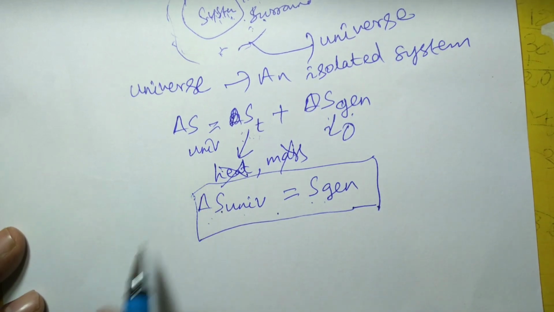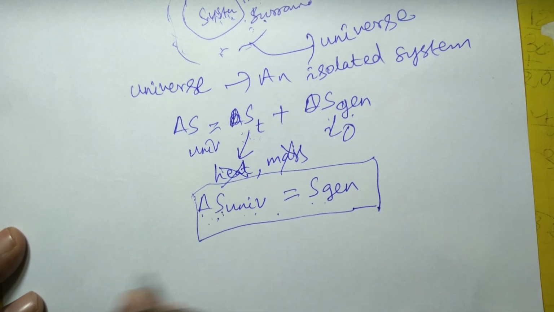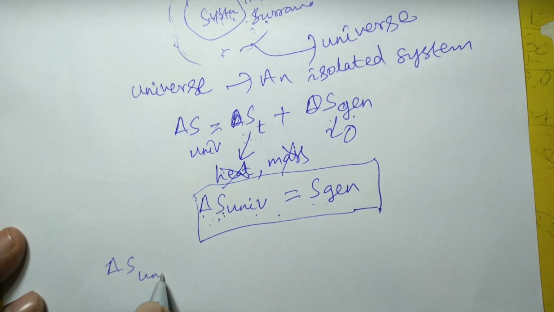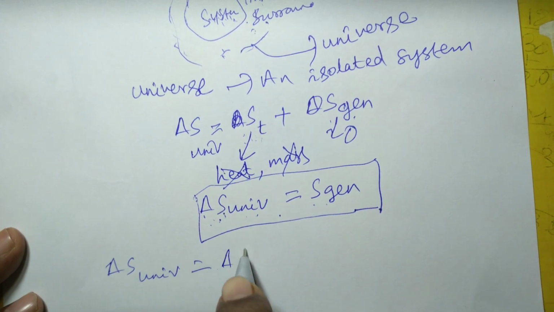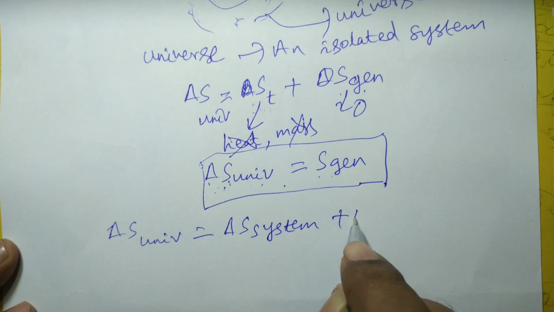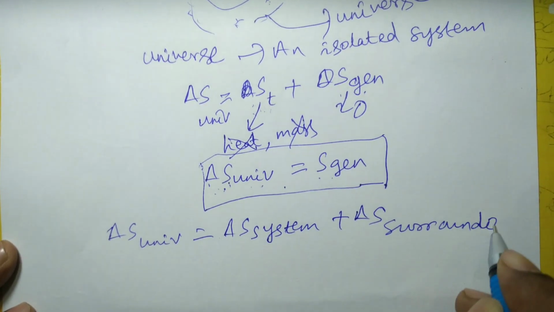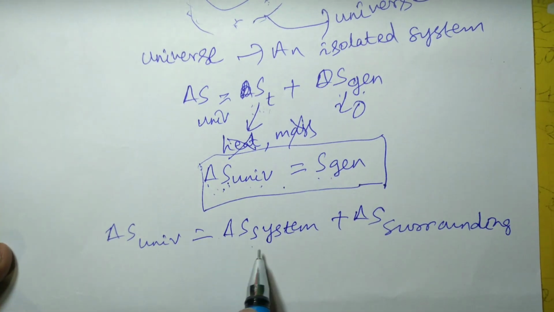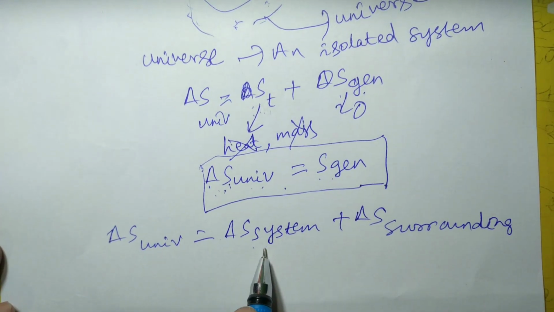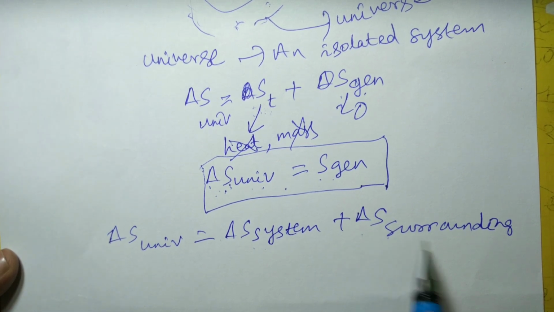So entropy generation of system, delta S of universe is nothing but delta S of system plus delta S of surrounding. So first we will calculate the change in entropy of system, that is ice, and then we will calculate the change in entropy of surrounding.